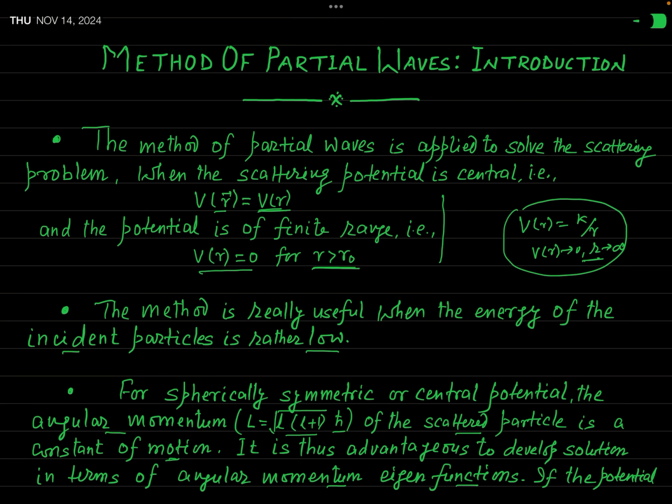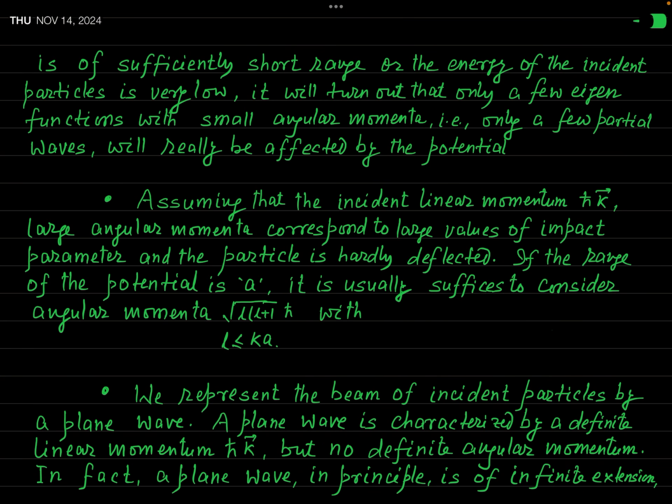If the potential is of sufficiently short range, or the energy of the incident particle is very low, then it turns out that only a few eigenfunctions with small angular momenta, that is, only a few partial waves, will really be affected by the potential.